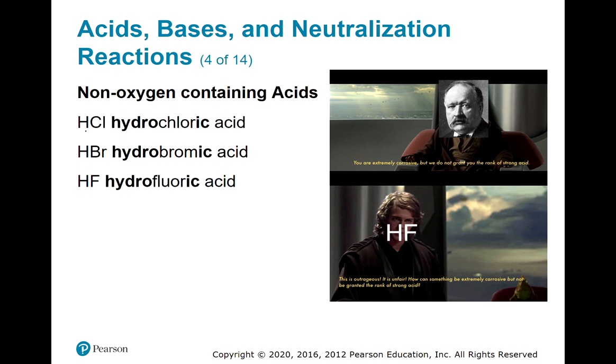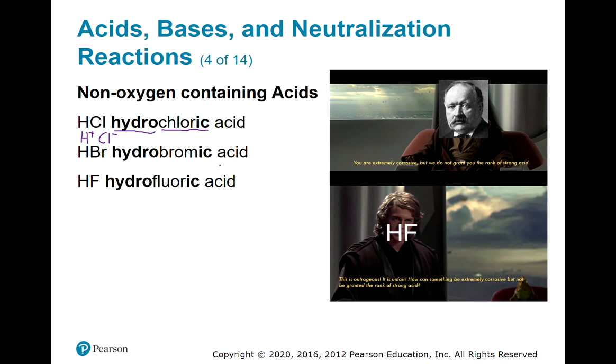So for instance with HCl, which is H plus and Cl minus, Cl minus is chloride. If we change that ide to an ic, we get chloric, and since this does not contain oxygen, we put a hydro prefix in front, and we get hydrochloric acid.